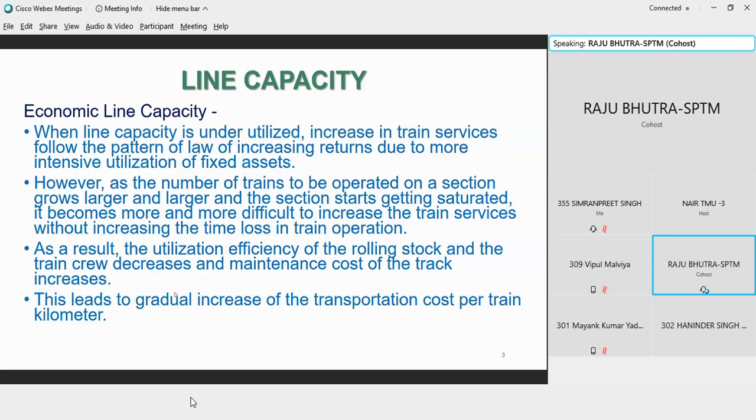This leads to a gradual increase in the transportation cost per train kilometer. So beyond the saturation point, there will be a gradual increase of transportation cost per train kilometer as we add more trains.